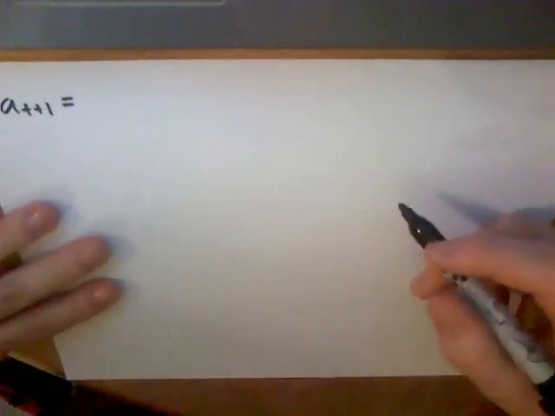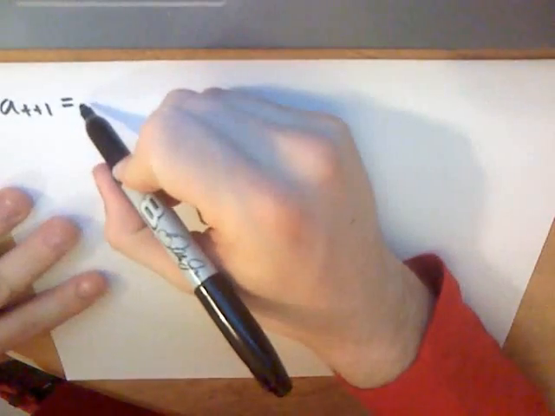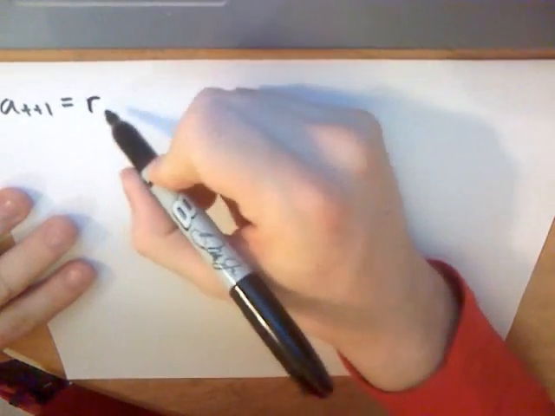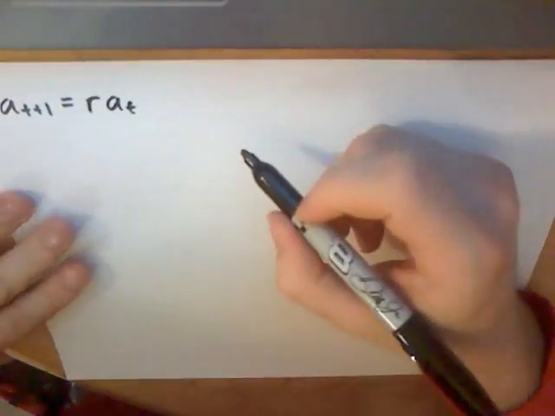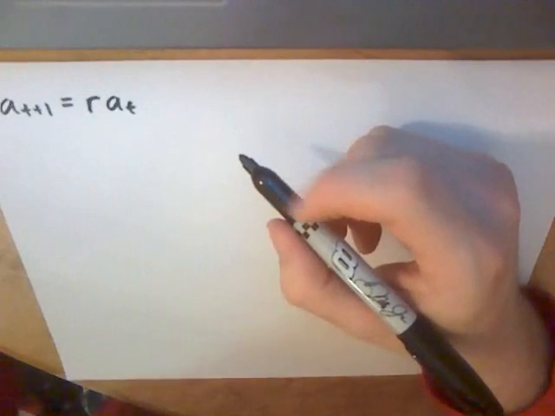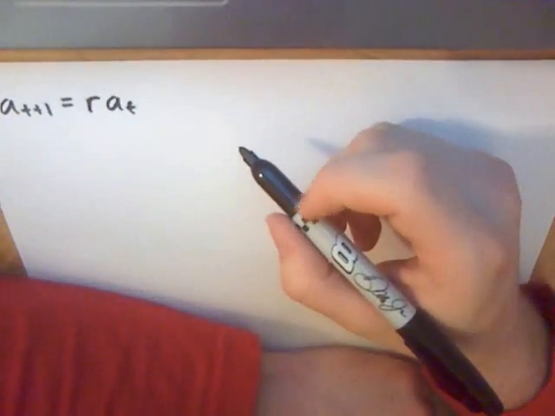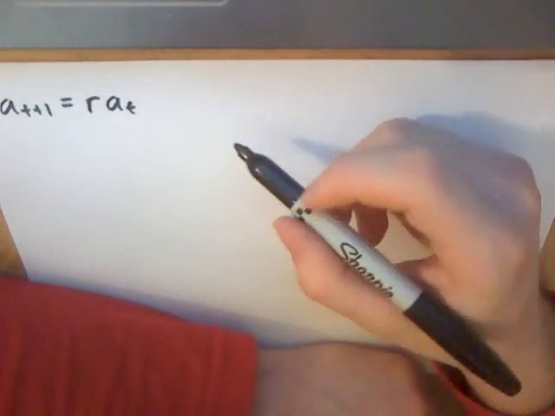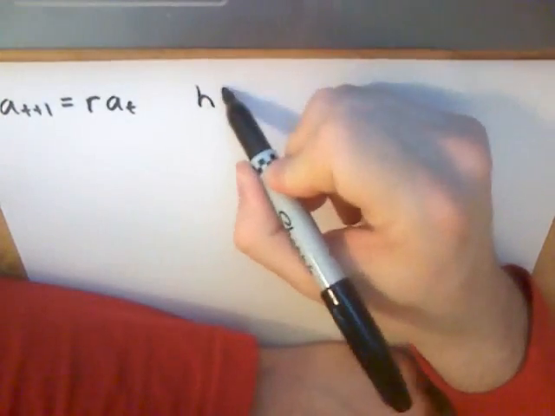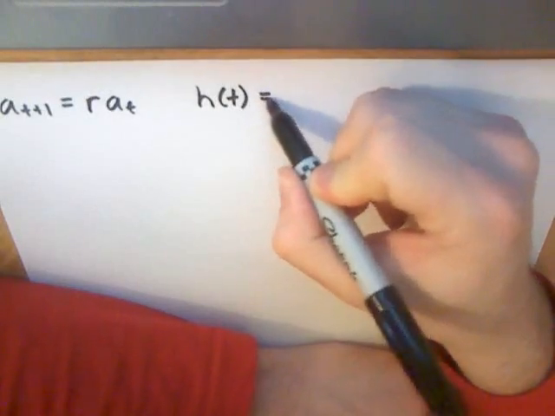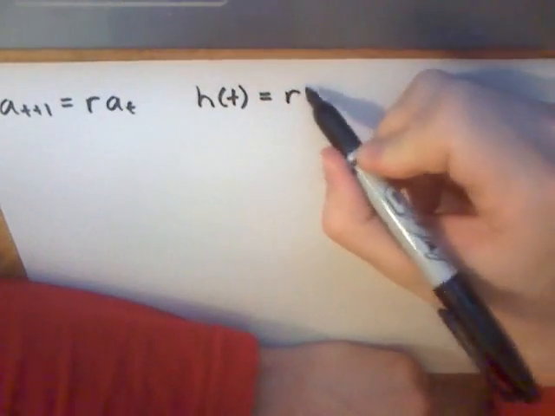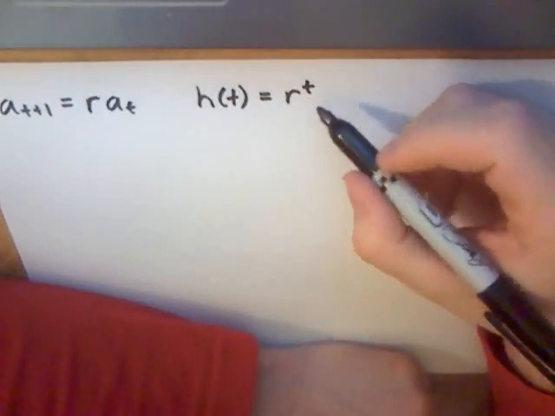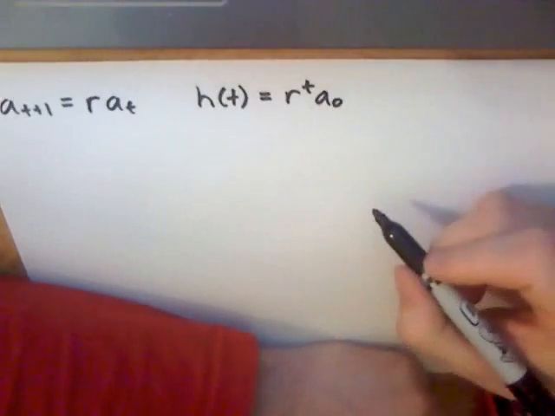Exponential DTDS's are of the form a_{t+1} = r times a_t. These have a quick and easy solution if you want a function of the solutions over time. Let's just call it h(t) = r^t times the initial value.